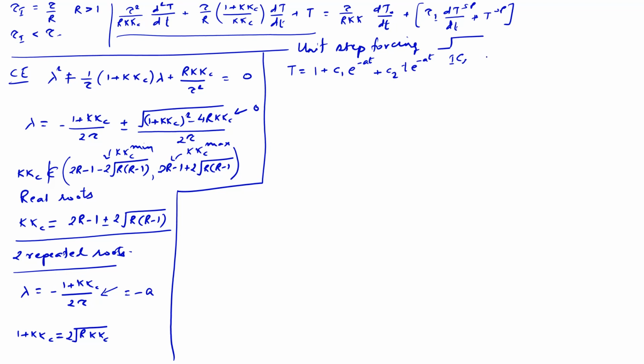So temperature equal to 0 at time t equal to 0 implies C1 plus C2 must be equal to minus 1, and the derivative implies, what does the derivative imply? The derivative implies minus a times C1, and the derivative there at time t equal to 0 will be plus C2.